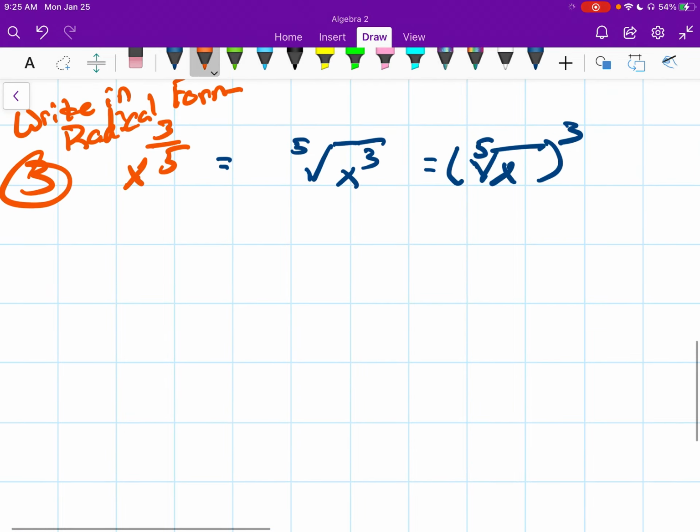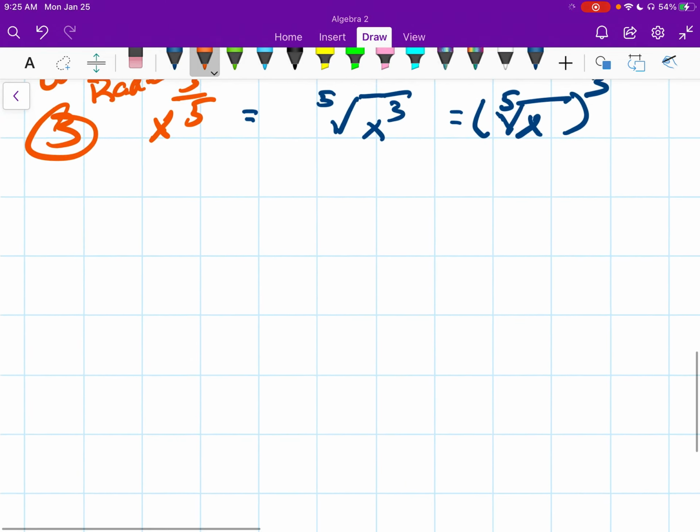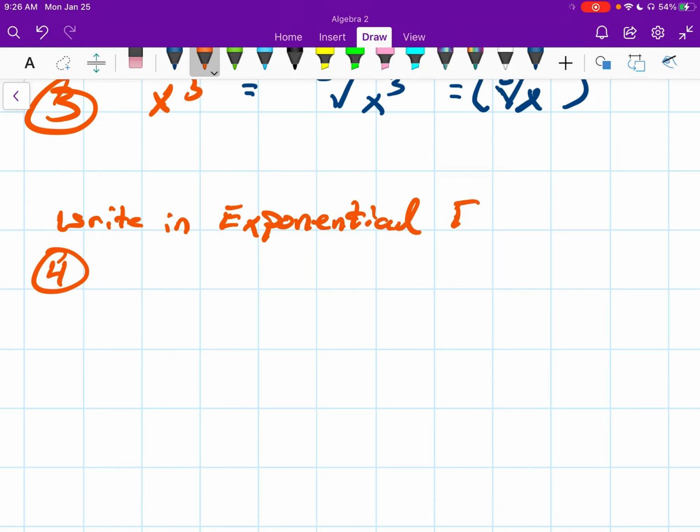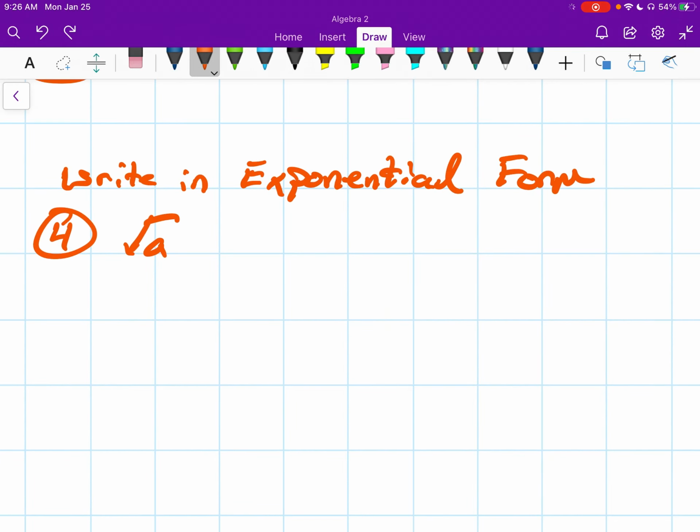All right, moving on. Number 4. This says, write in exponential form. We have the square root of a cubed. Right, let me write that again, that 3.